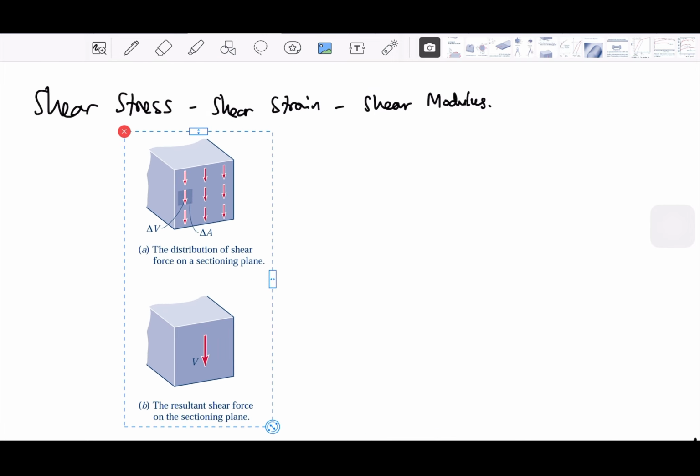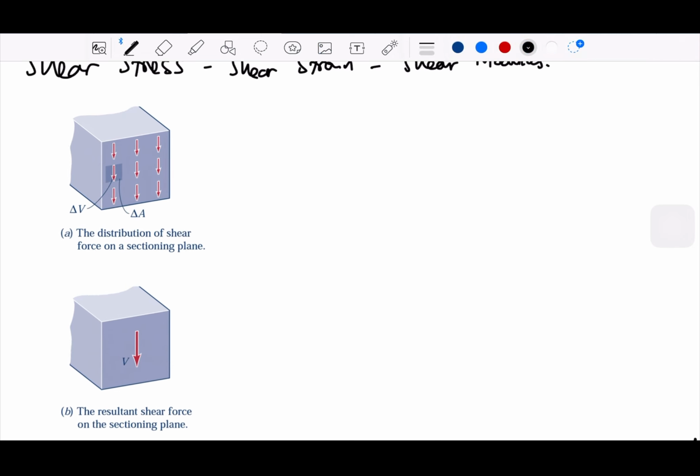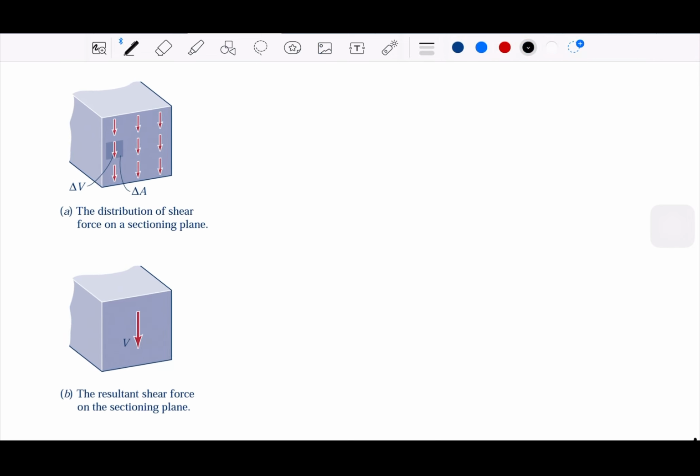Let's say we have a distribution of shear force on a section plane. If we distribute over all of it, and usually we just simplify our problem as uniform, nothing really happens in between. So we could take all those distributions and make them into one resultant force, right?